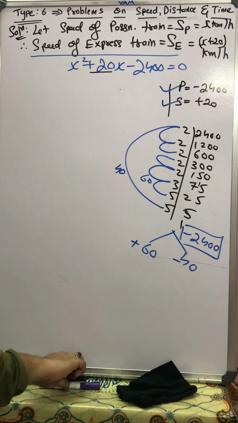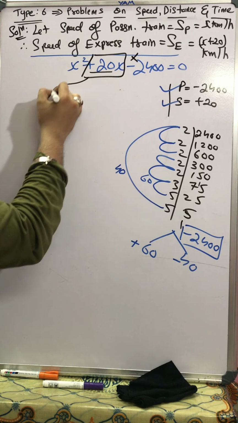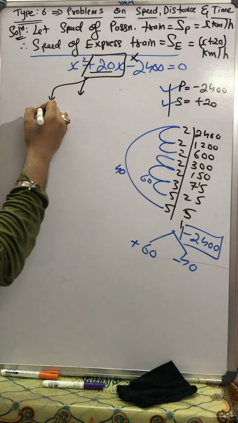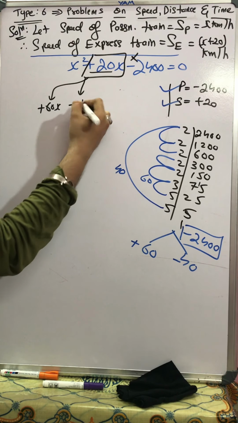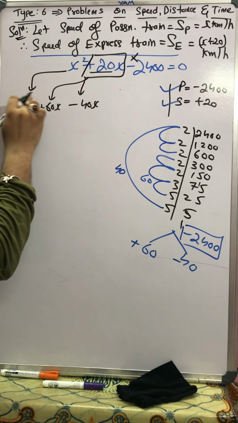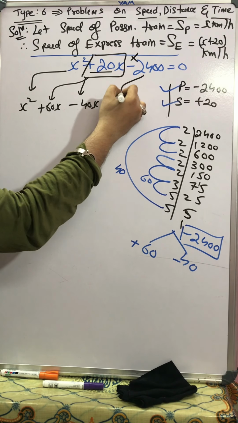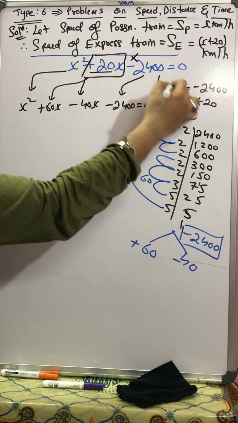So now we will not write this middle term as we are splitting it. At the place of this middle term, I'll write plus 60x, I'll write minus 40x, and I'll write x square, this as it is copied, and this one minus 2400 equal to 0.